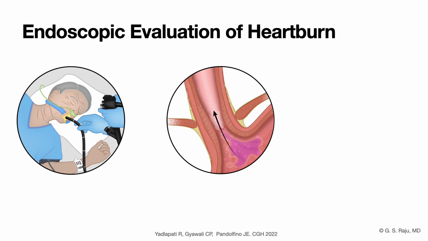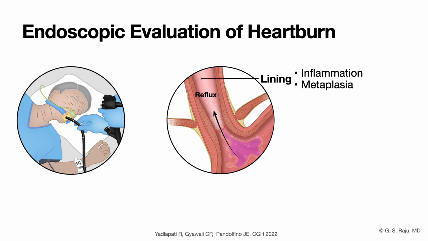In a patient with heartburn, it is related to acid reflux, and that reflux, if it is severe and the esophageal lining is weak, may develop inflammation, and if it is prolonged, it may develop a change in the lining, that is metaplastic lining, from squamous to columnar lining.